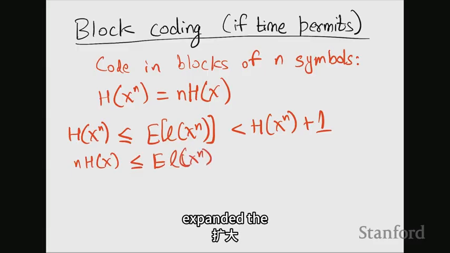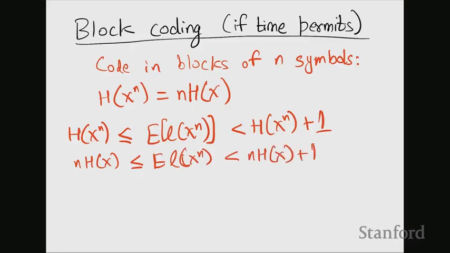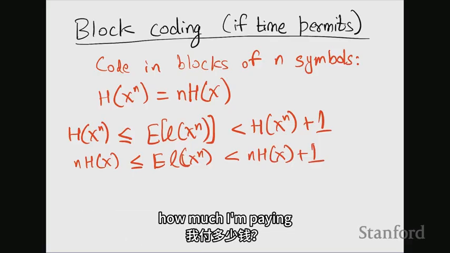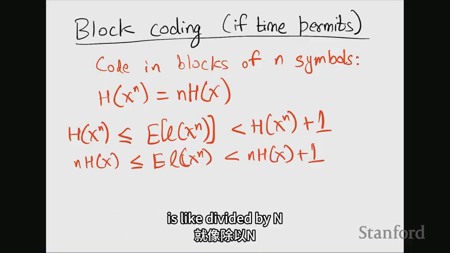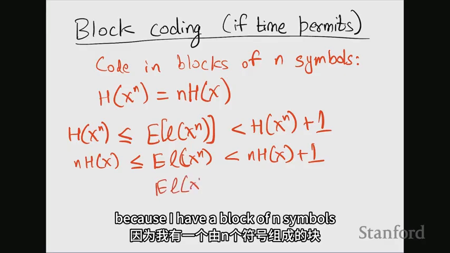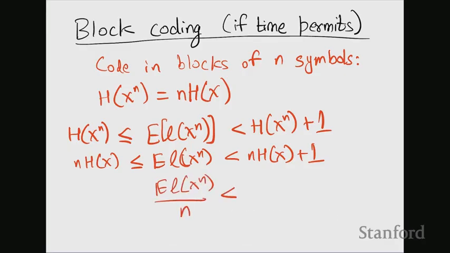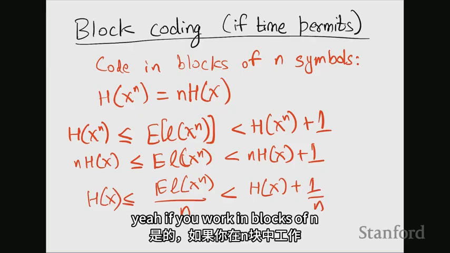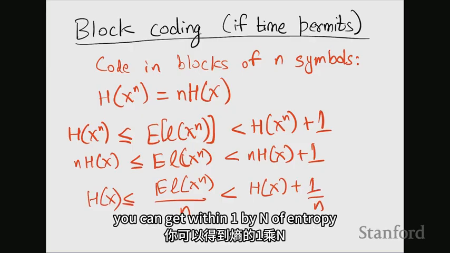I expanded the entropy term. Let me divide by n, because what we care about is per symbol how much I'm paying, not per block. So per symbol is divided by n because I have a block of n symbols. Done. That's it basically. If you work in blocks of n, you can get within 1 over n of entropy.